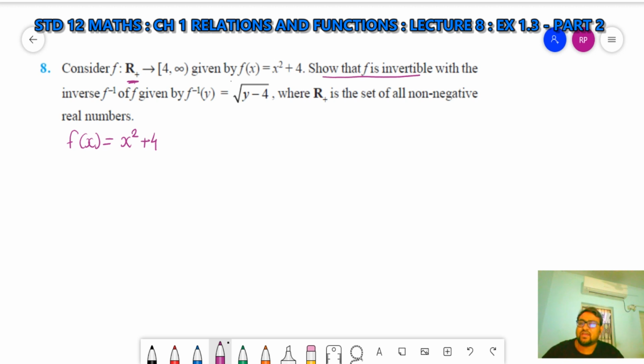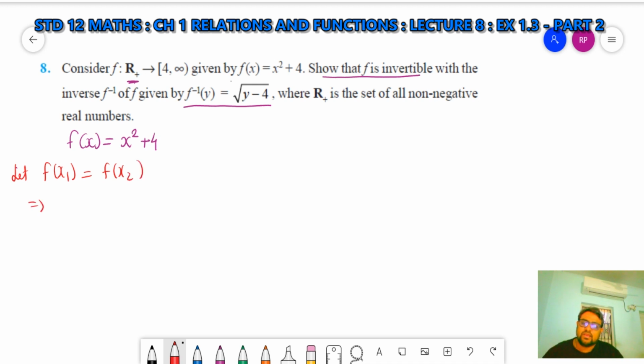With the inverse of f given by f inverse y is equal to root of y minus 4. Means you have to prove that it is an invertible function and f inverse y is equal to square root of y minus 4. Okay, so first let's start with 1-1. Let f(x1) equal f(x2).